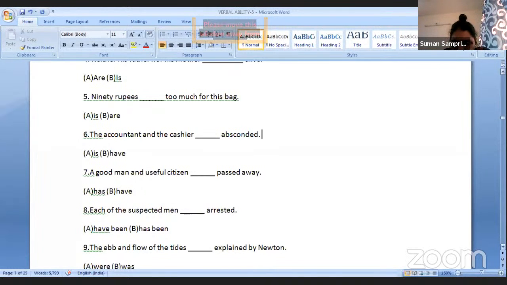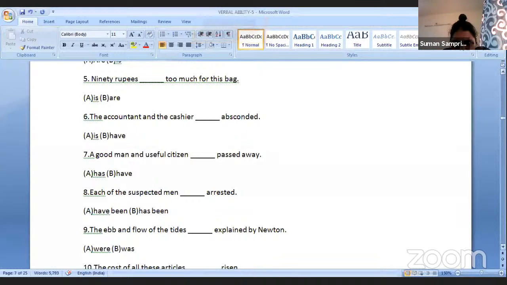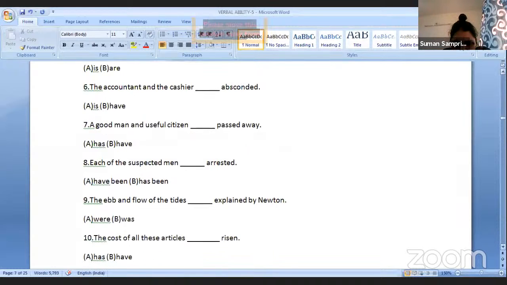Has been. Yes. Got it. Second, the ebb and flow. Yes, how will "were" come? The ebb and flow. Is there a "the" after "and"? Yes. Was.